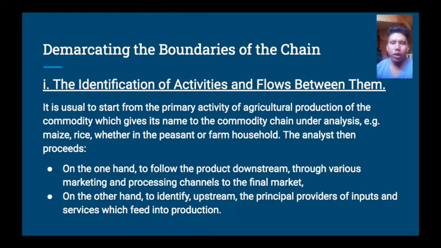There may be occasions where, for reasons of cost and the objectives of the study, it would make sense to analyze isolated segments of the chain which stop at an intermediate level of the marketing process.